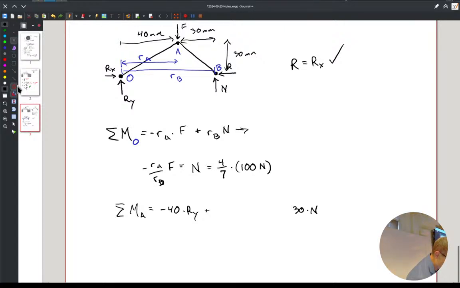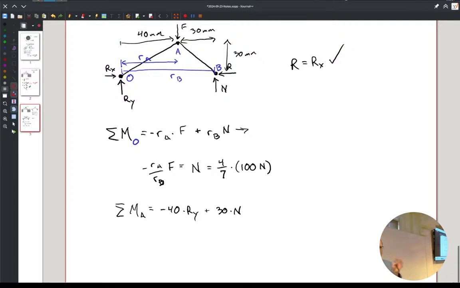And I still end up with an equation that N is 4/7 of F. Once I solve for the fact that N and RY have to add up to F, 3/7 plus 4/7 has to be 7/7. But anyway, I still end up with basically the same equation.